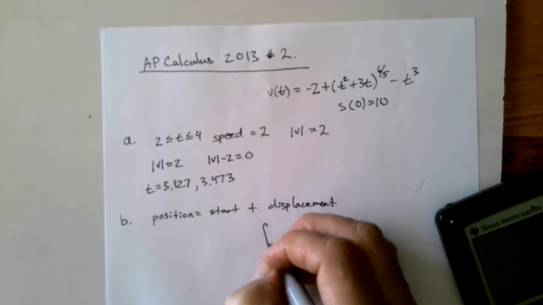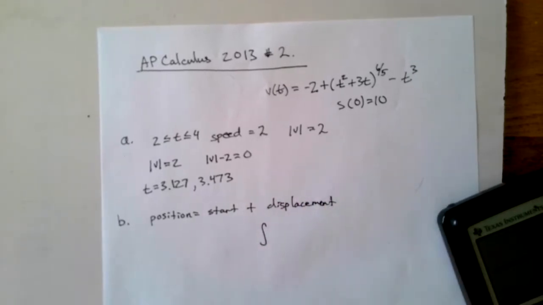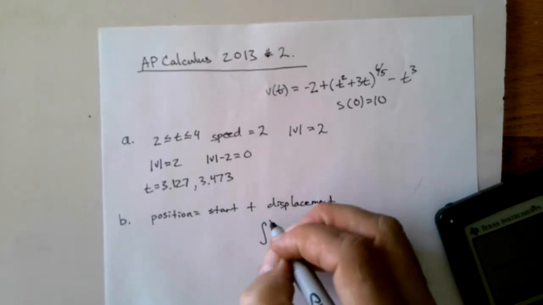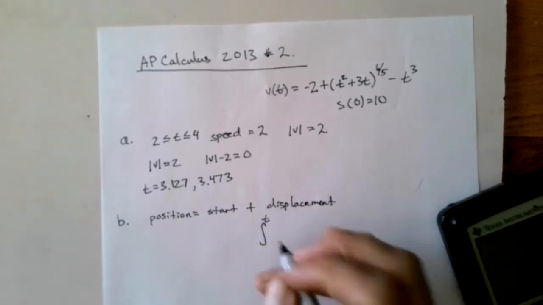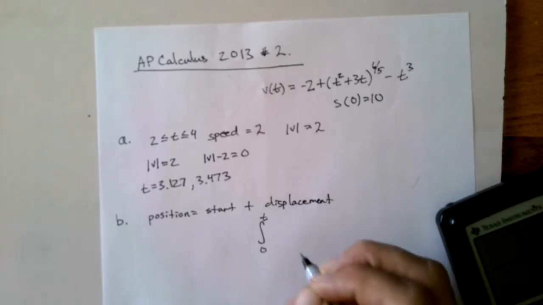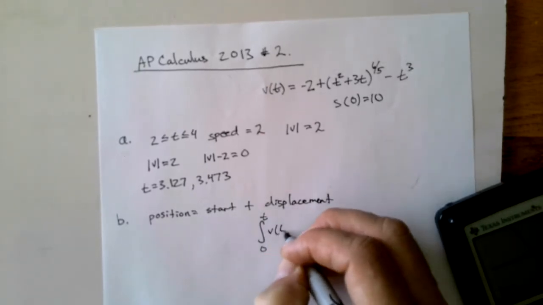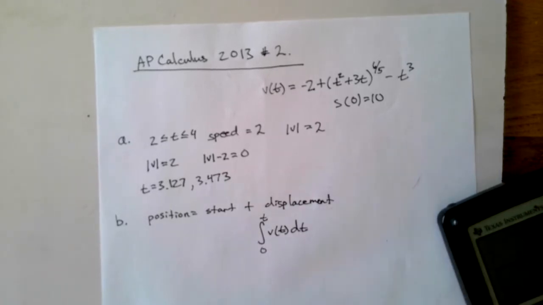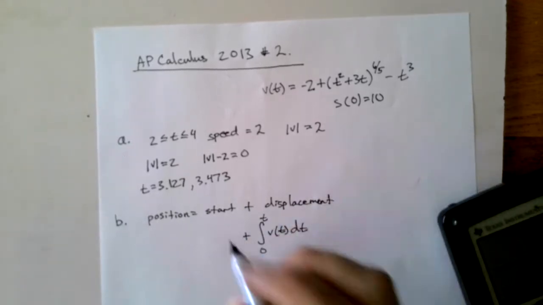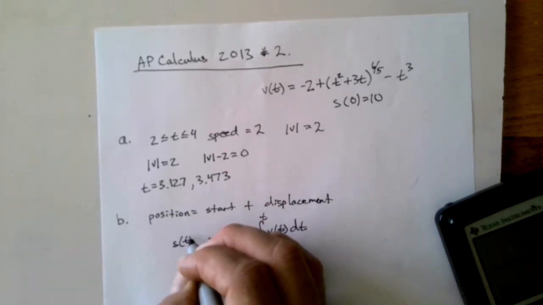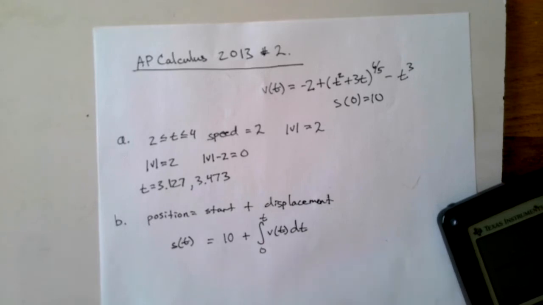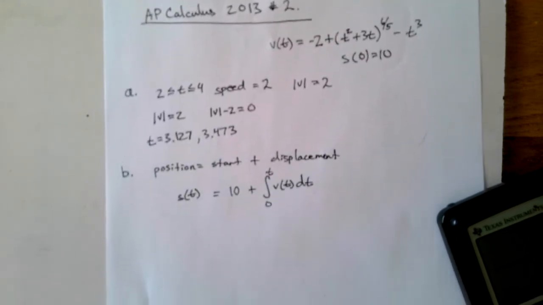Well, the displacement of an object is simply the integral, from 0 to t of v of t dt. That's the displacement. What's the start? The start is 10. It starts at position 10. So s of t, the position, is equal to that integral expression right there.